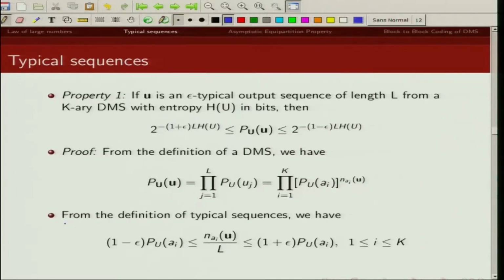Now from the definition of typical sequence, we know that NAiU should satisfy this lower bound and this upper bound. So NAiU will be less than or equal to L times this quantity, and it should be greater than L times this quantity.